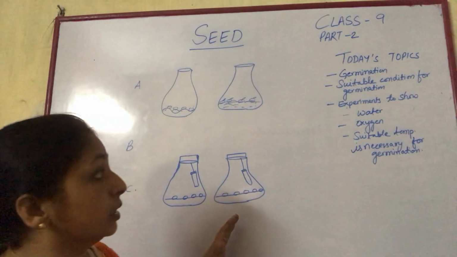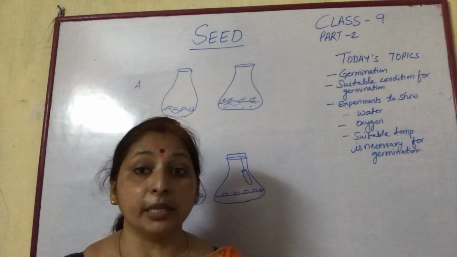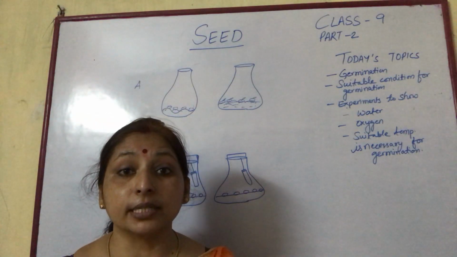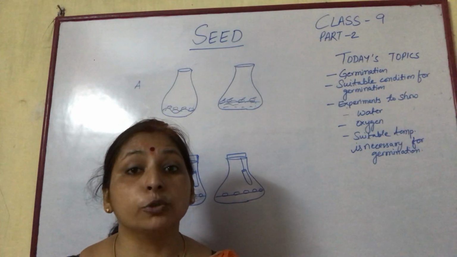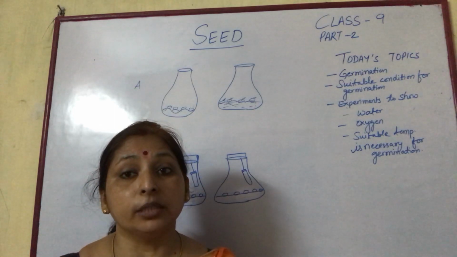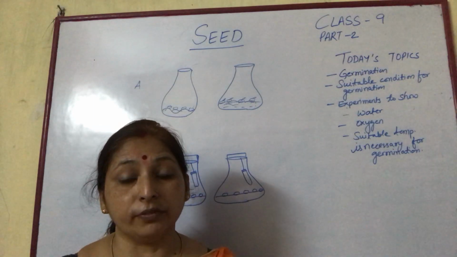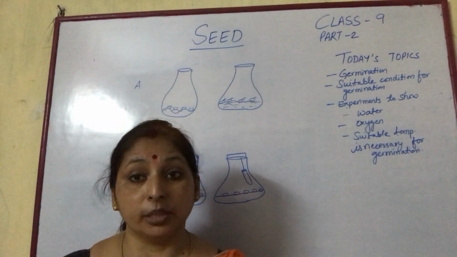Next are the suitable conditions necessary for the germination process: water, oxygen, and suitable temperature, which is around 25 to 35 degrees Celsius for the germination of seed.